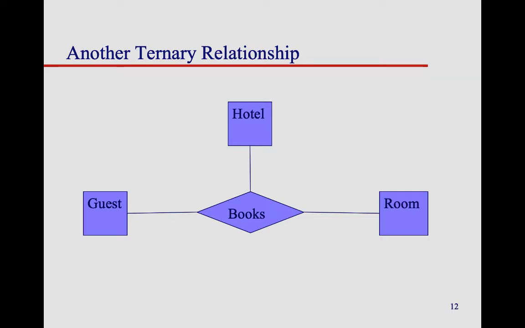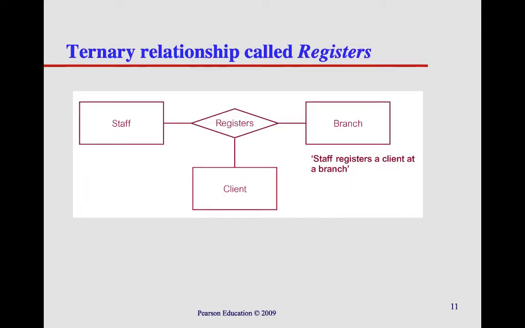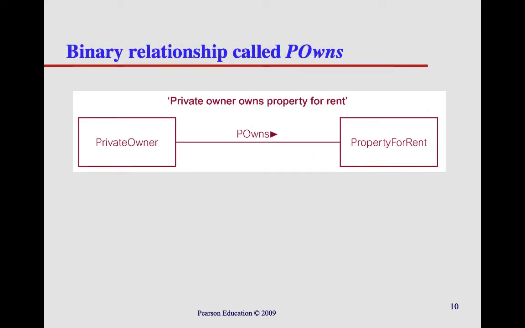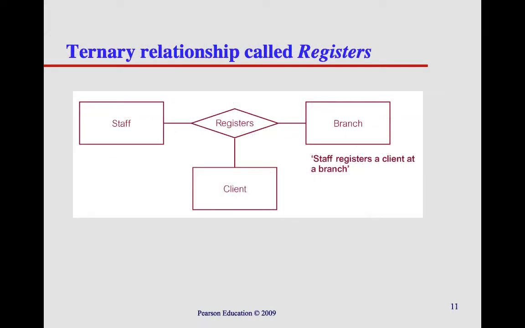Okay? Notice you use a diamond for anything more than a binary relationship. So if it's a binary relationship, you just use a line with an arrow. But if you have more than two entities in a relationship, you use a diamond. The diamond contains the name of the relationship, and then you have undirected lines into the diamond.